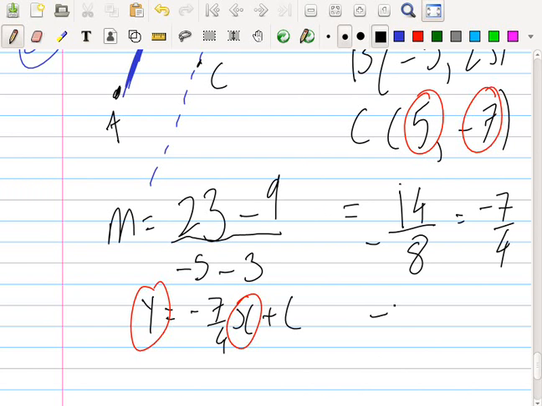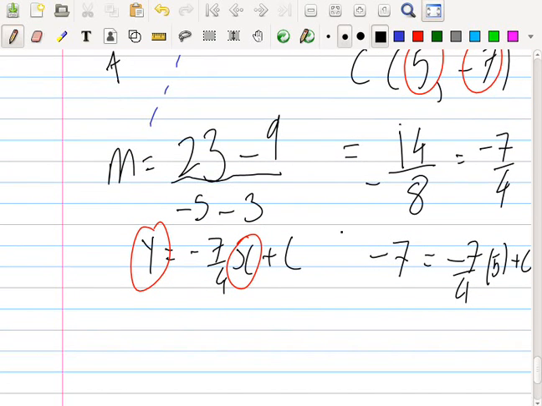So I get minus 7 equals minus 7 over 4 times 5 plus C. Squeeze it in there, sorry. So I get minus 7 plus, this will be 35 over 4. That's equal to C. 28, 7 over 4, is it?